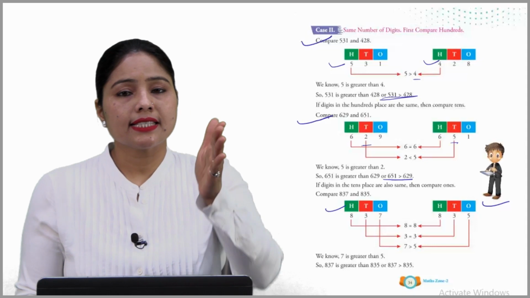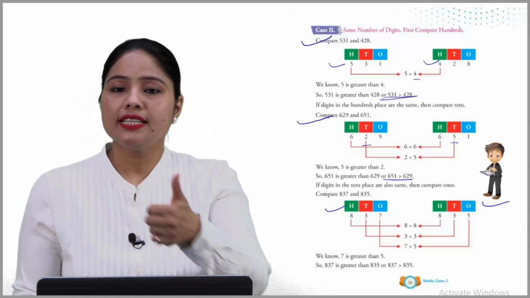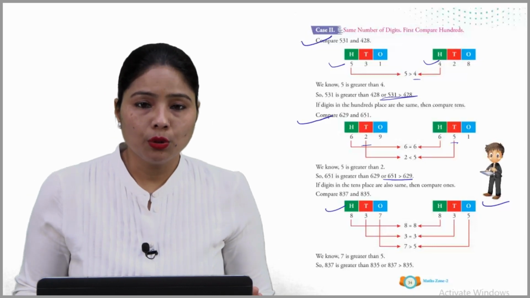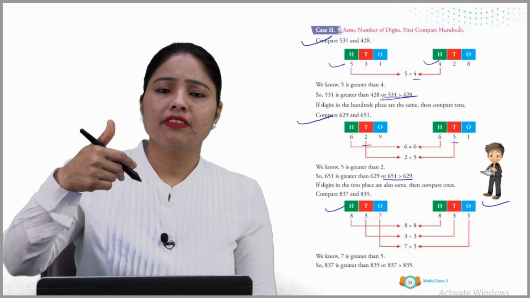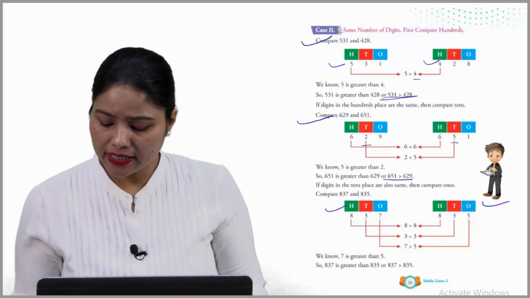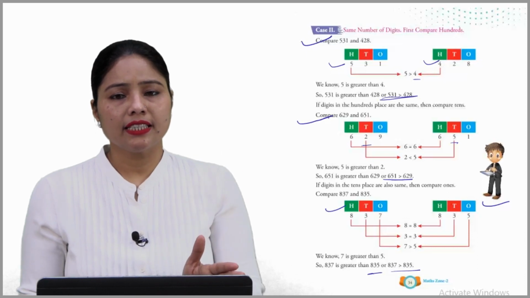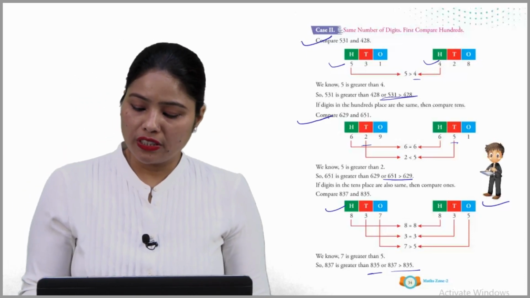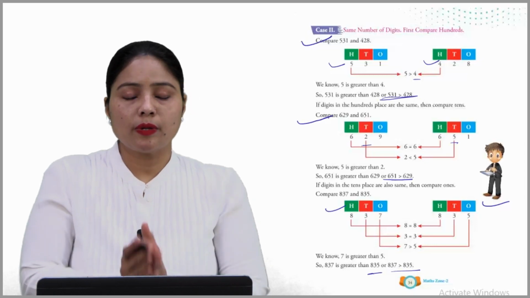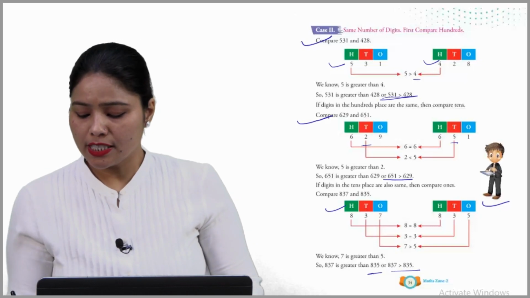Ones place: here it is 7, here it is 5. We know 7 is greater than 5. So 837 is greater than 835. With this we understood the concept of which number is bigger or which number is smaller.